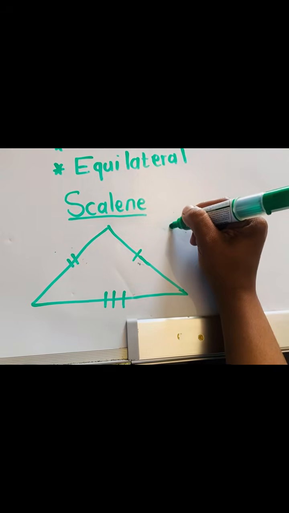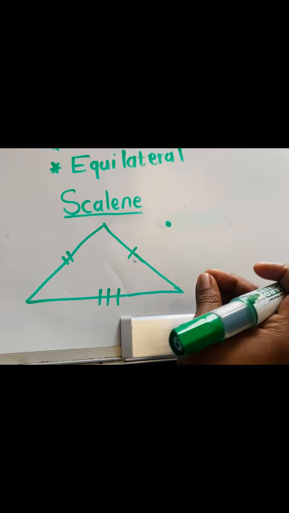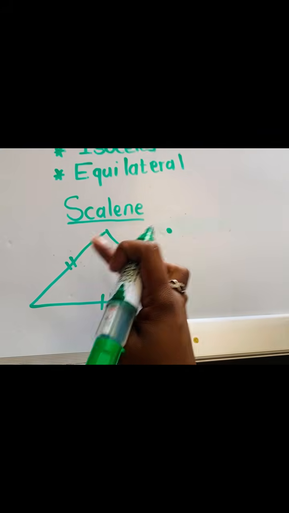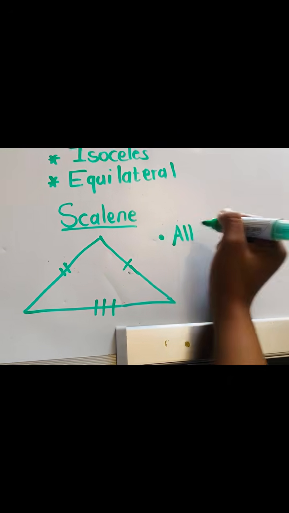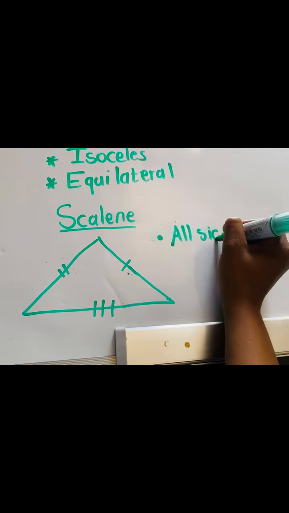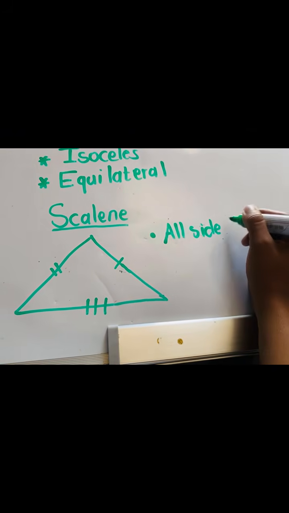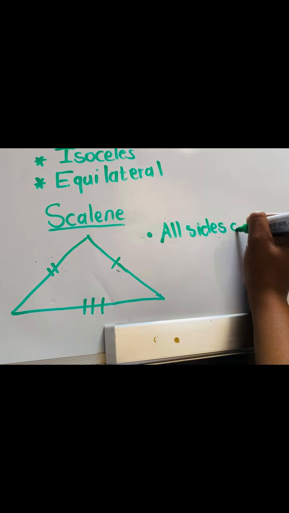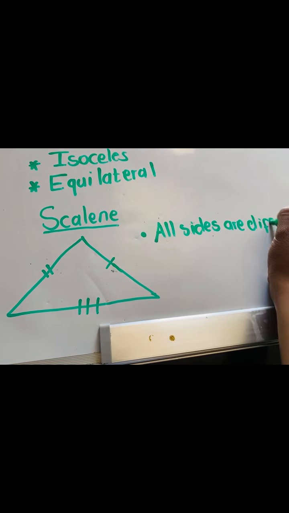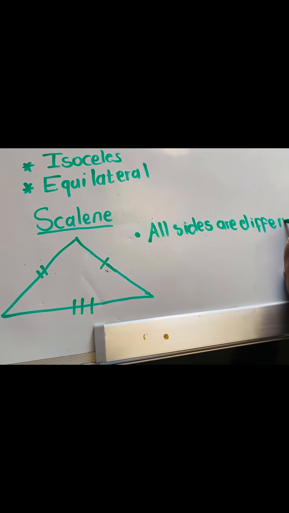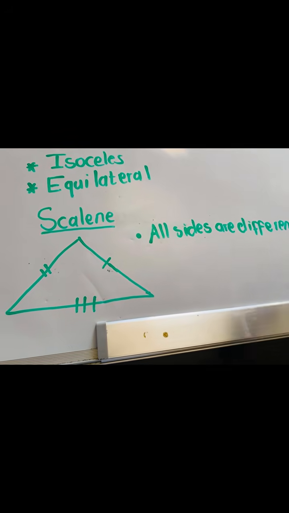So now, to conclude our scalene, we're going to talk about the sides of a scalene. So all sides are different. They are not the same. All sides are different. And I will make an example to show you in terms of measurements.